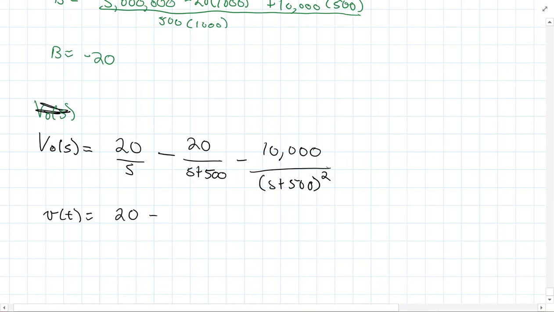So 20 minus 20 e to the minus 500t minus 10,000 t e to the minus 500t, and then all of this multiplied by u at t.